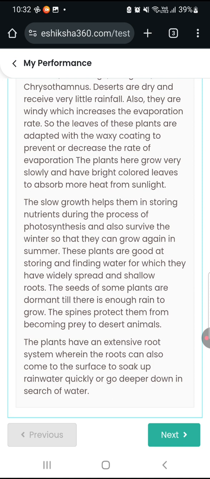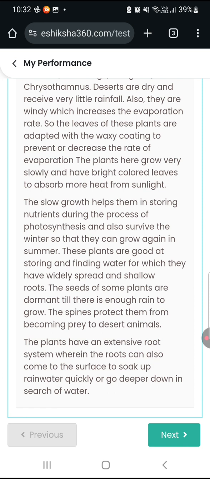These plants are good at storing and finding water, for which they have widely spread and shallow roots. The seeds of some plants are dormant till there is enough rain to grow. The spines protect them from becoming prey to desert animals.